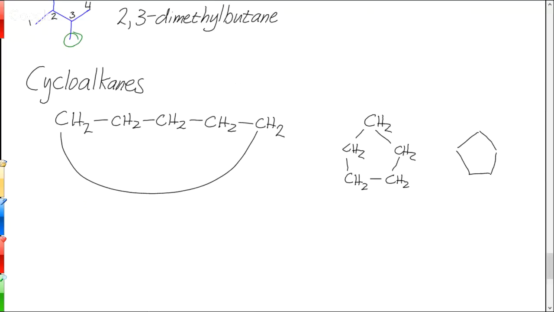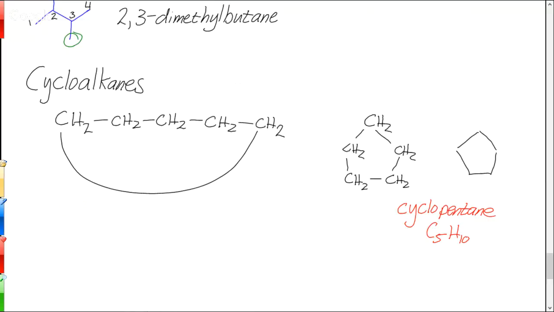In a skeletal structure, it would just be a pentagon. That has a different structure and a different formula from regular pentane. So the cyclo prefix tells us that it's looped around, and that we're talking about a totally different compound.